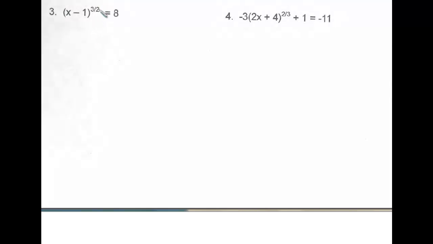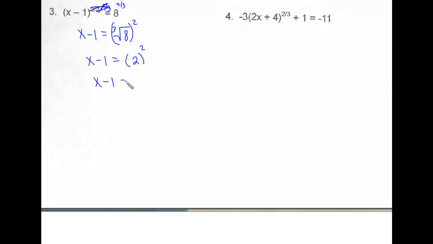So next thing I want to do is multiply both sides, both the powers on both sides by 2/3. So the 2's and the 3's will cancel. And that leaves x minus 1 on the left and the cube root of 8 squared on the right.